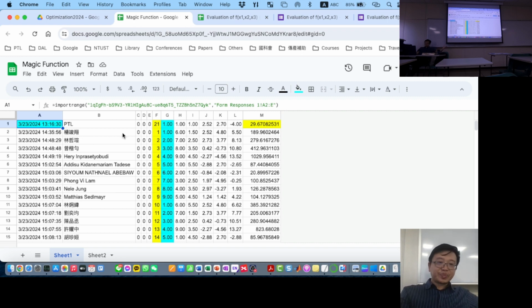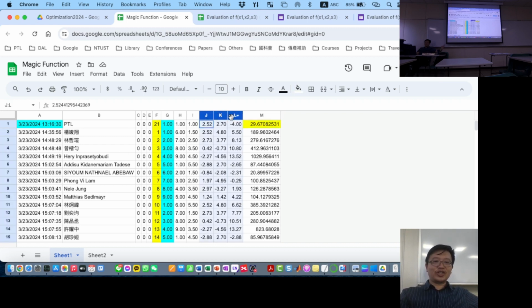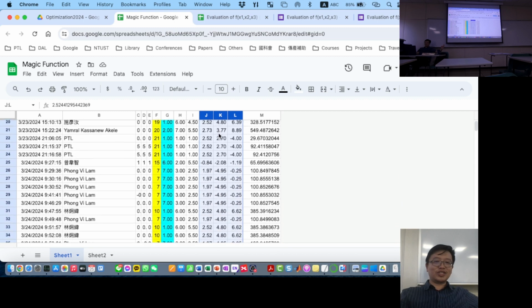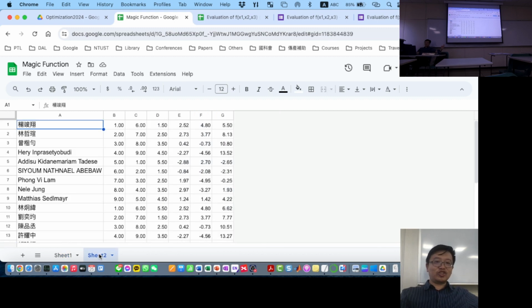Over here, I set up certain equations, and at the end, it's a polynomial. It's a polynomial, and the true solutions are here. These are the true solutions. Actually, in sheet 2, these are the true solutions.